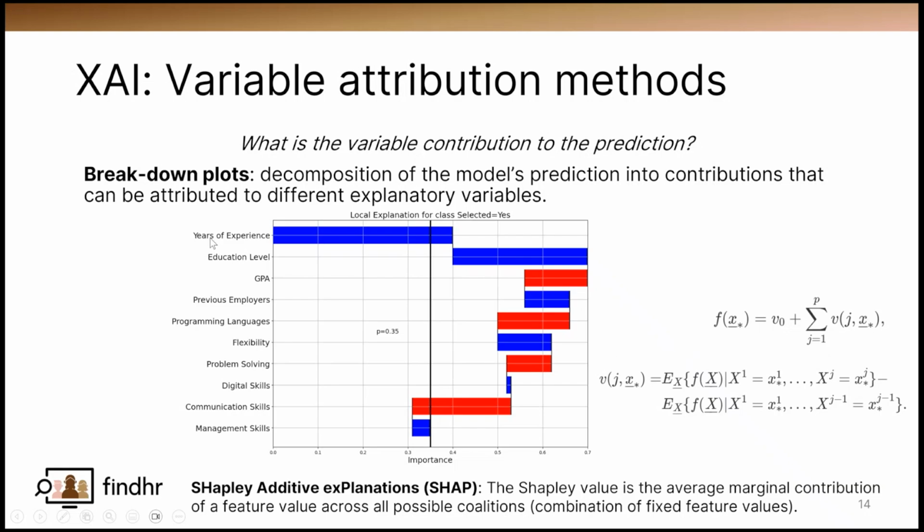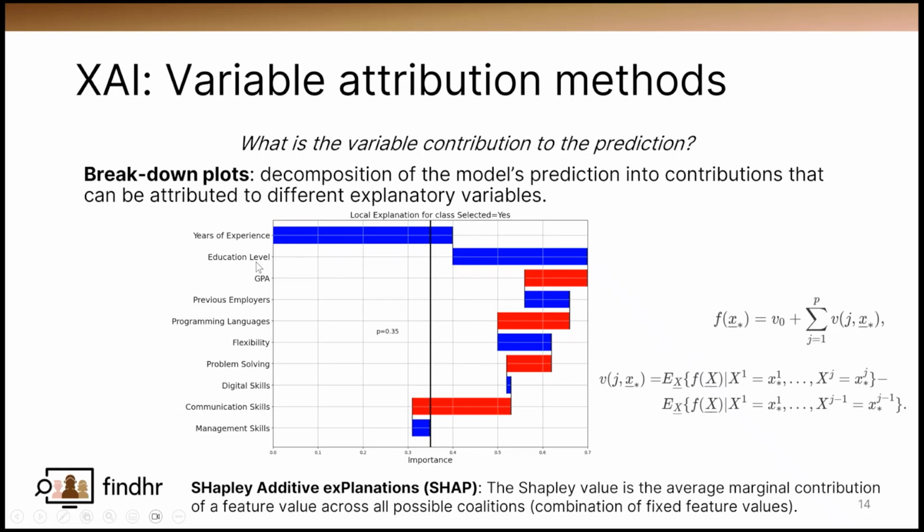For instance, years of experience in this example has a weight which is given by this blue bar. So it is a weight which increases the prediction. If we add only years of experience as a feature, we would end up from 0 up to 0.4.